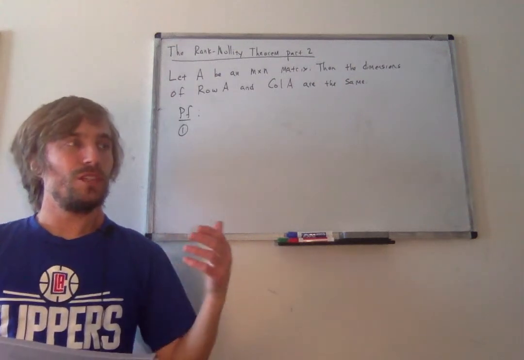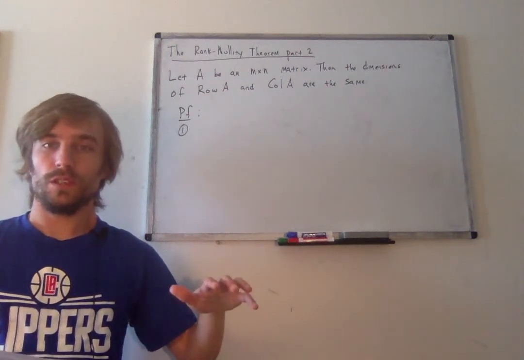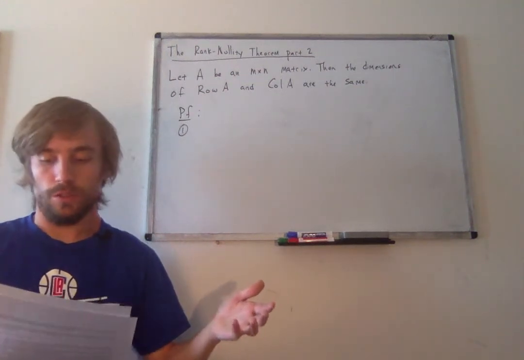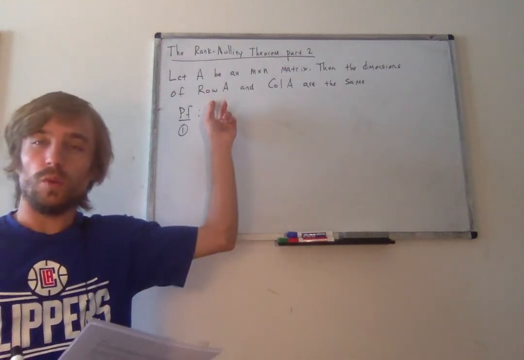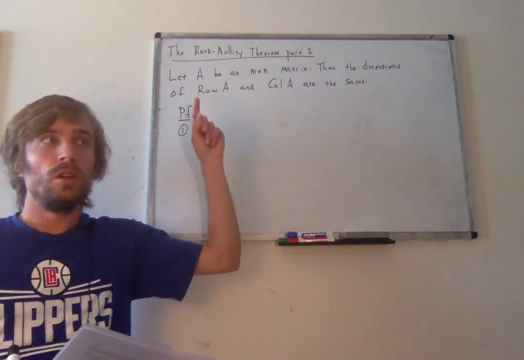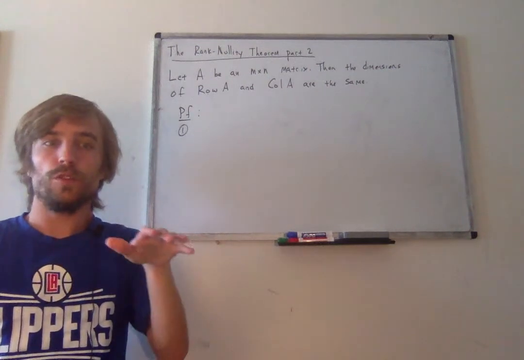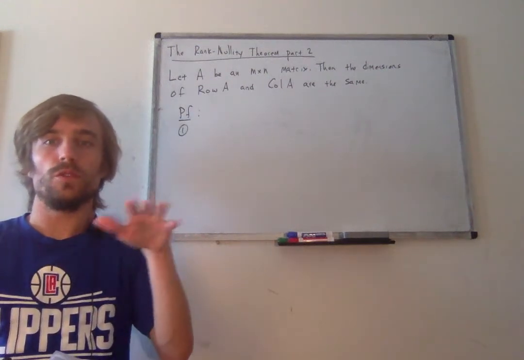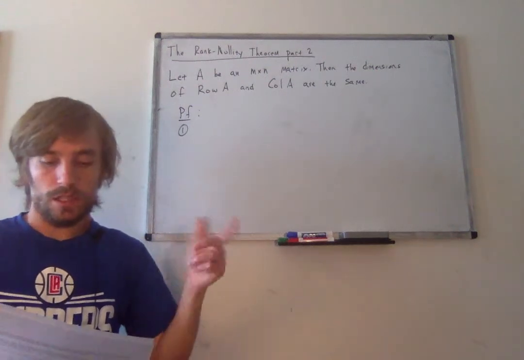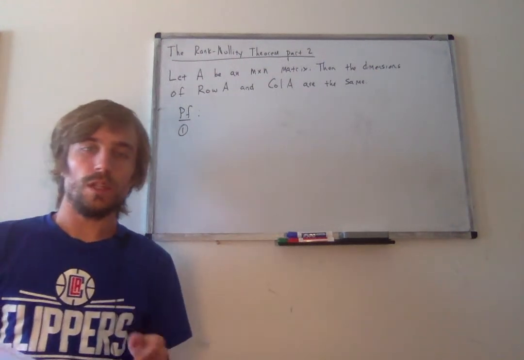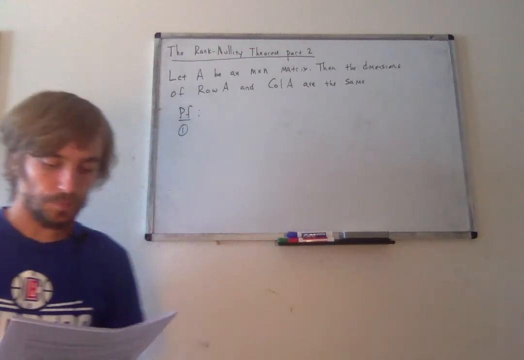We can row reduce all the way to reduced row echelon form. This one only requires row echelon form, and once we get there, we're not going to add any more zero rows than we have. So we could just go all the way to reduced row echelon form, because it's easier to talk about pivot columns there.